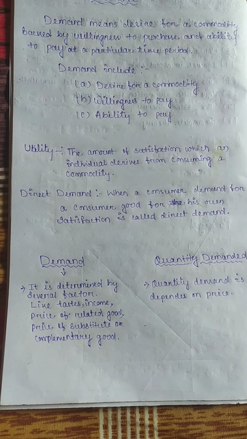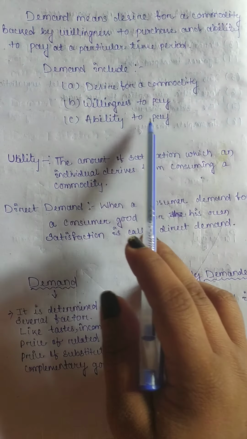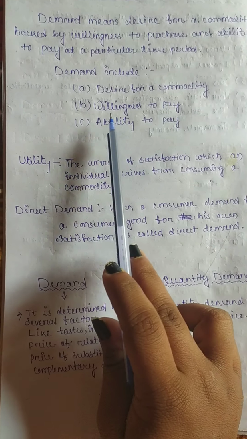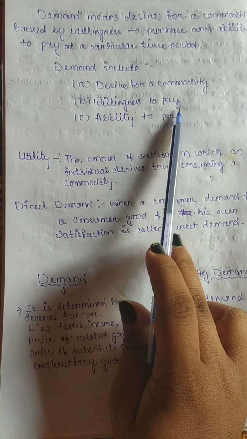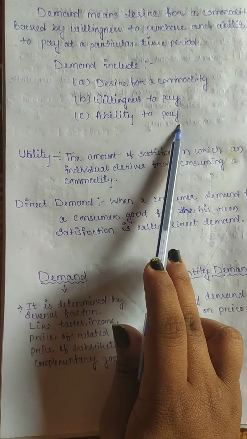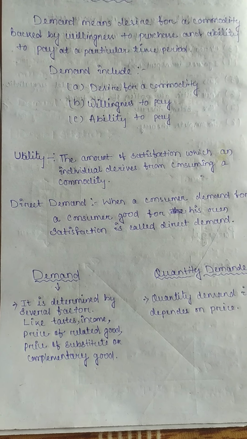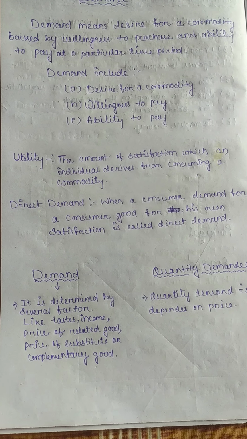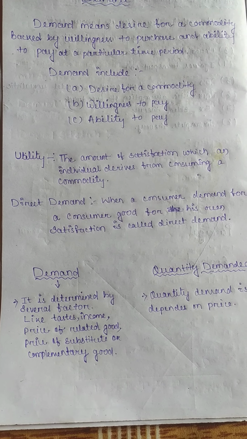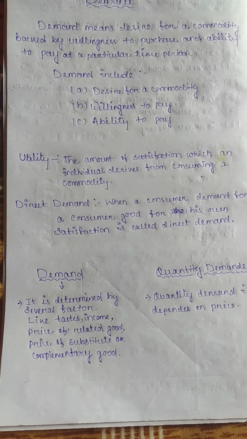Here, we can say that demand includes three things: desire for a commodity, willingness to pay for that commodity, and ability to pay. These three are included in demand theory. If any one of these does not exist, then we can't say that this is demand.